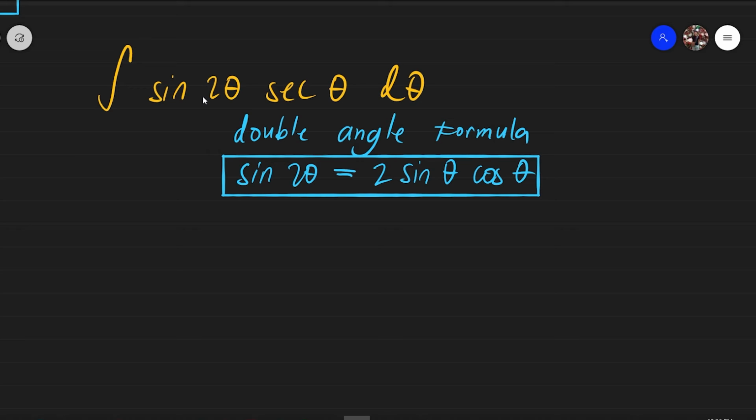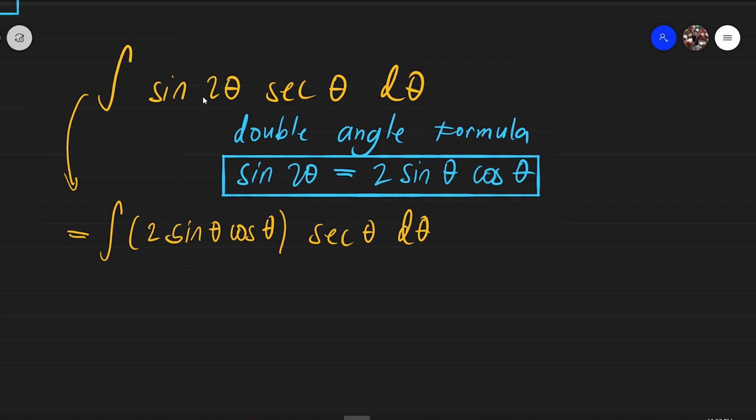Applying this one, we can therefore say this is equal to the integral of sine 2 theta, which is just equal to 2 sine theta cosine theta, and you have here the secant theta d theta. So what we did is just apply the double angle formula, and we get that sine 2 theta is equal to 2 sine theta cosine theta.